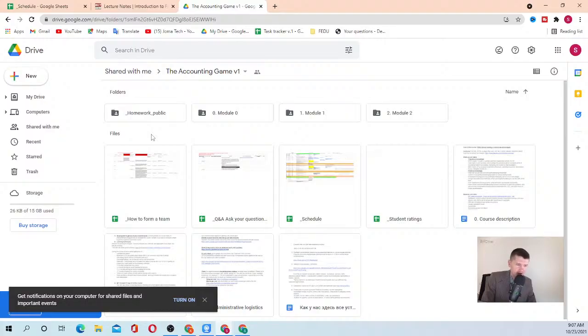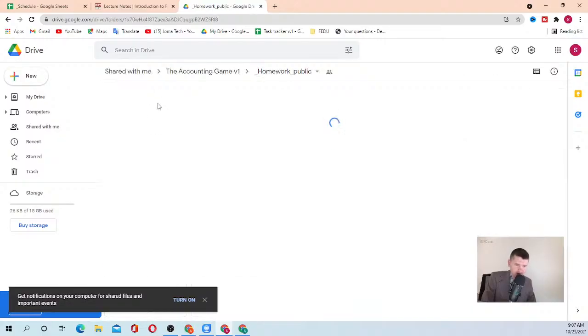They have a bunch of code pieces spread all over the internet, and when they work on some task, they can just Google that task and find someone else's solution. And accountants work in the same way. If we don't know the solution, we try to Google it and find out if anyone else has already solved it. Okay, so we go to the homework public file.